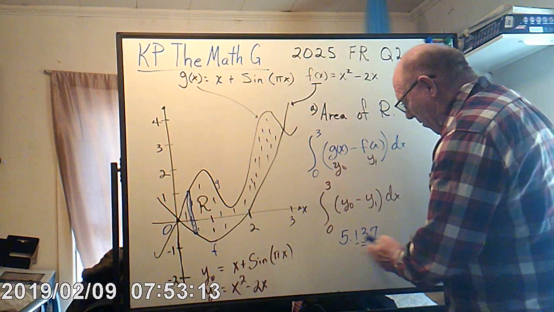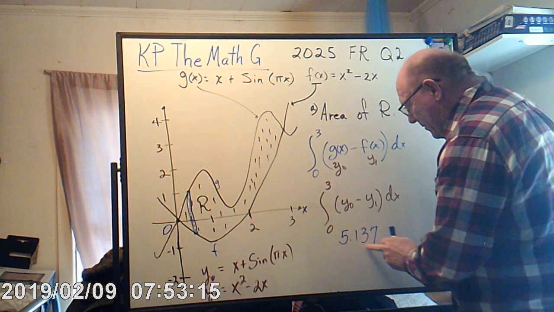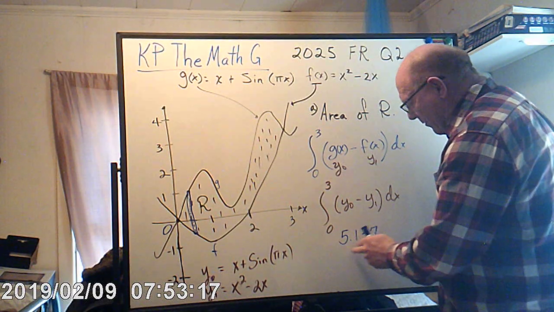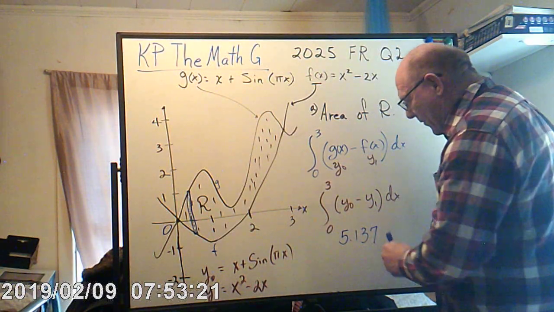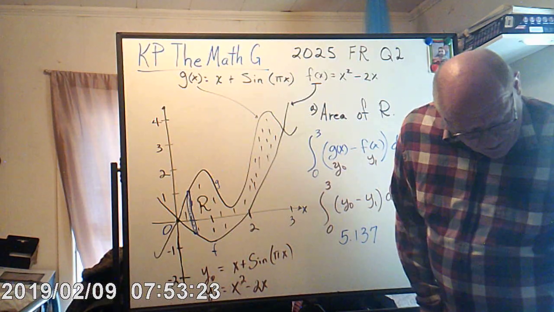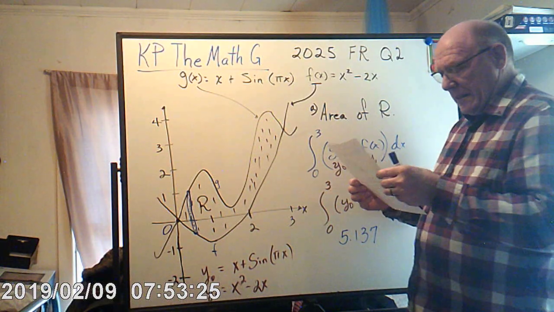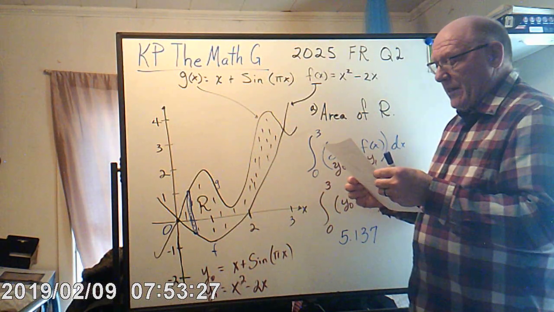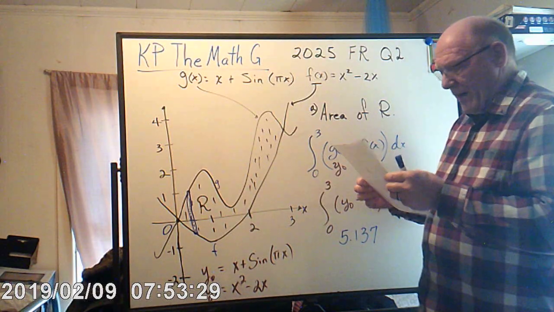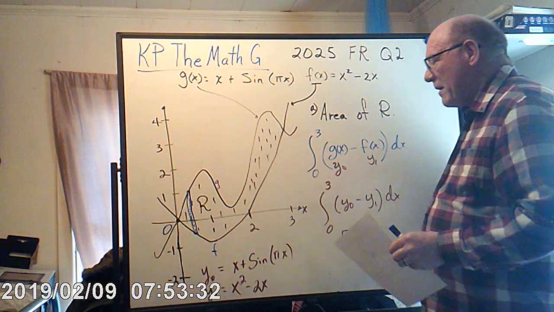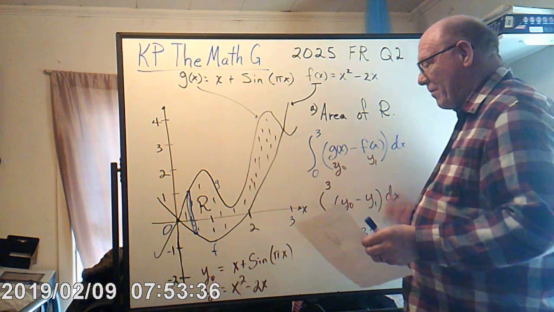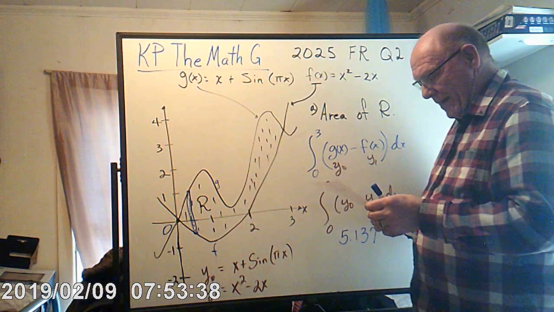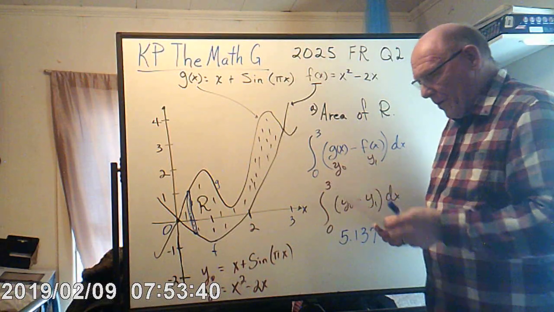And if you go more, that's fine. You just can't do 5.14 or 5.1 or even 5. You've got to come out to 3. And I don't know if it asks for units. There's no units there. Just find the area, and that's it right there. If it's area, it'd be square, whatever units that is. Okay, so there is part A.